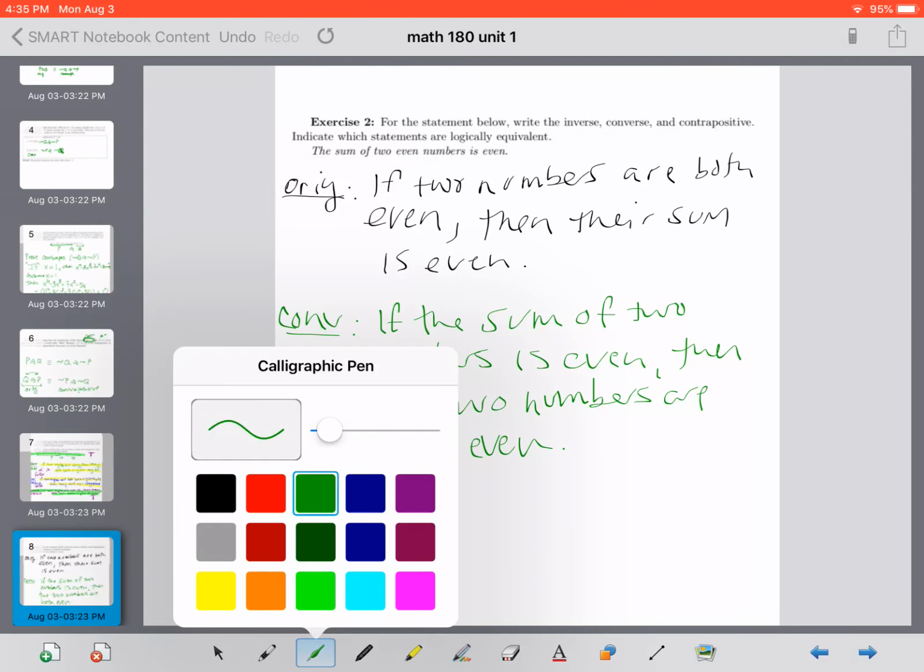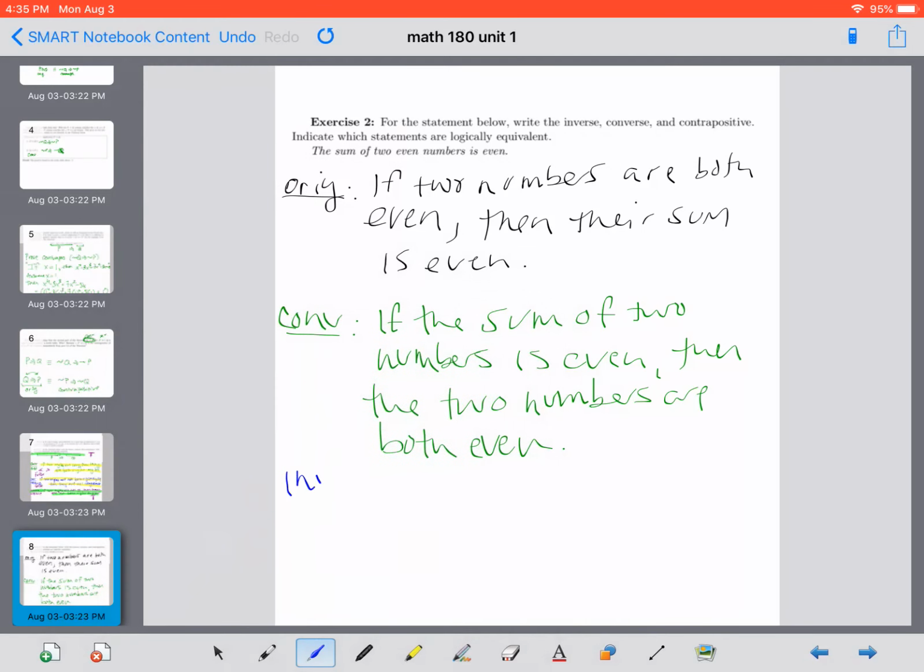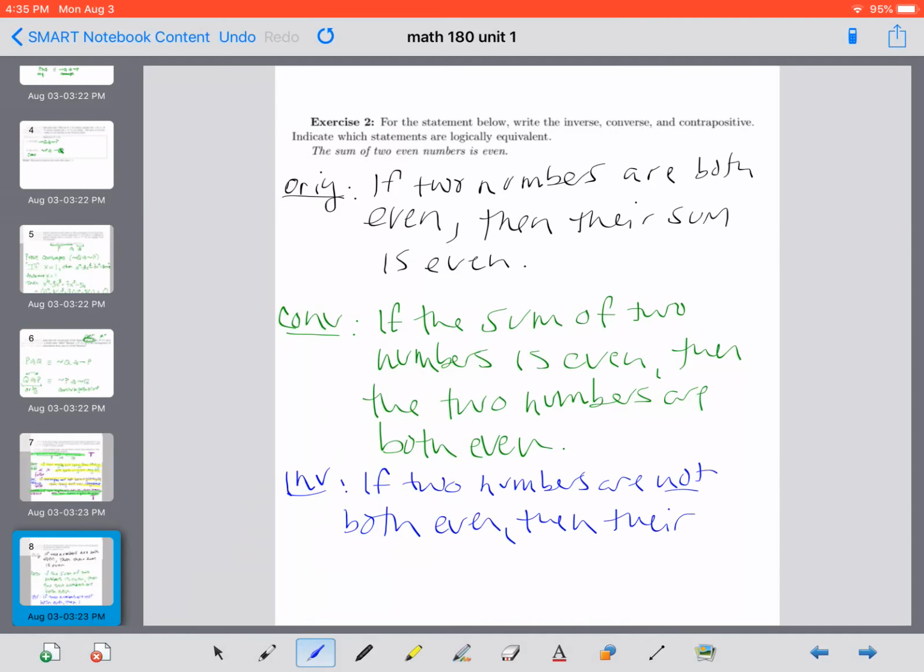All right, let's look at the inverse. The inverse leaves the order the same, but it negates the hypothesis and the conclusion. So if two numbers are not both even, then their sum is not even.